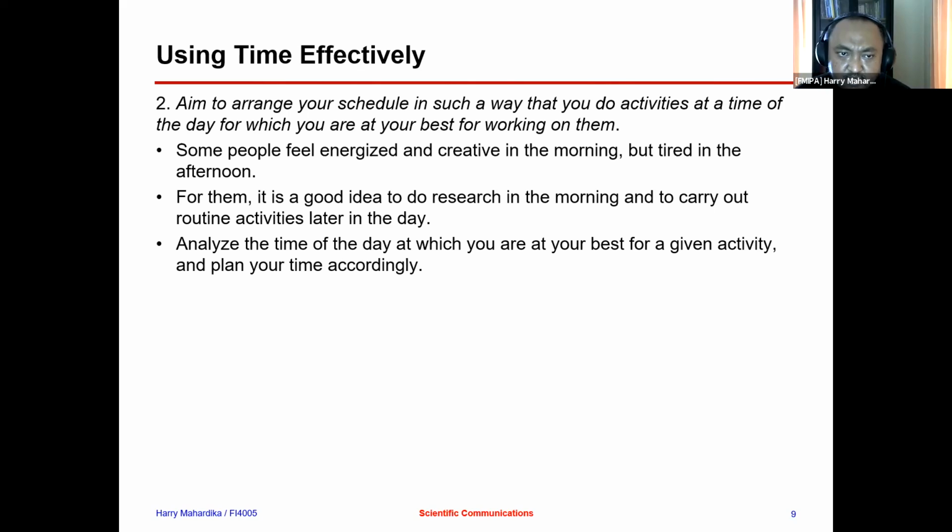So it is a good idea to do research in the morning if we are more productive in the morning, and to carry out other activities later in the day.